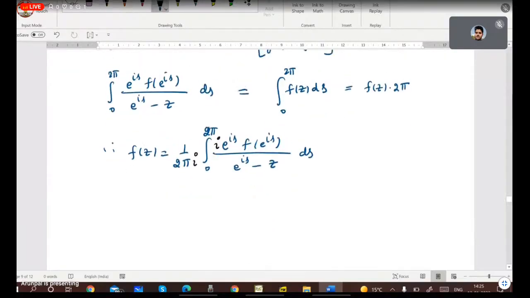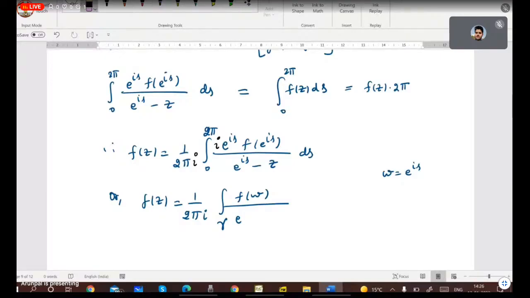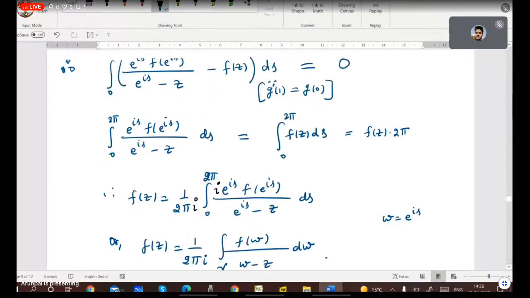Now you can see that, taking back the substitution w equal to e^{is}, this is nothing but the integral of f(w) upon w minus z, dw, right? Yes, sir. And you get the formula.